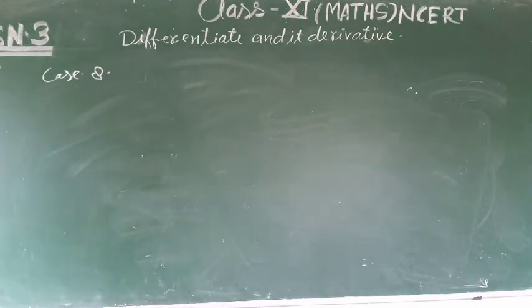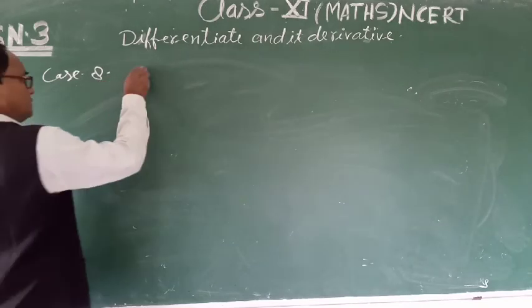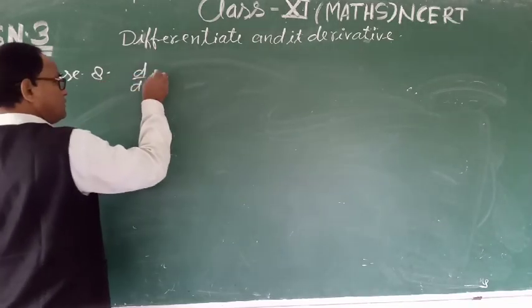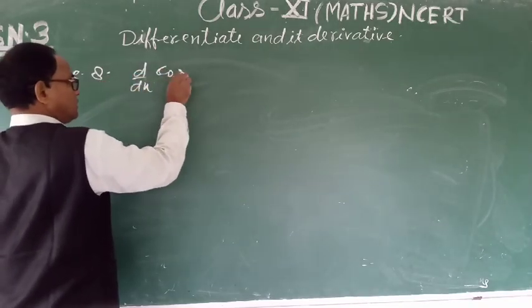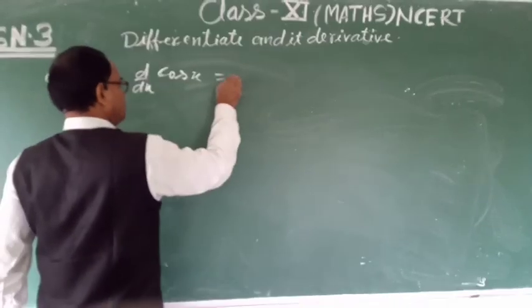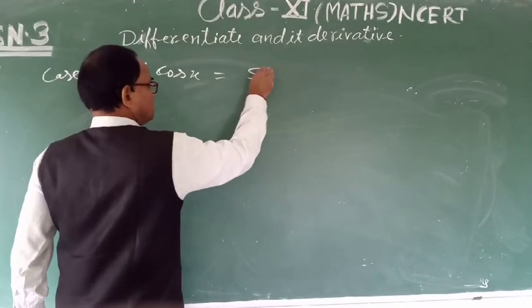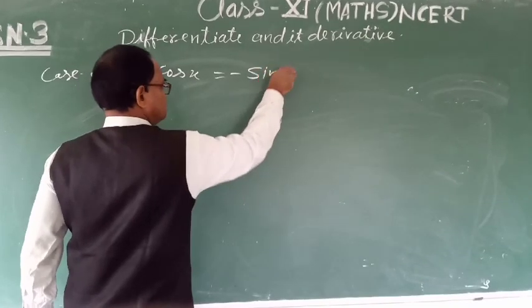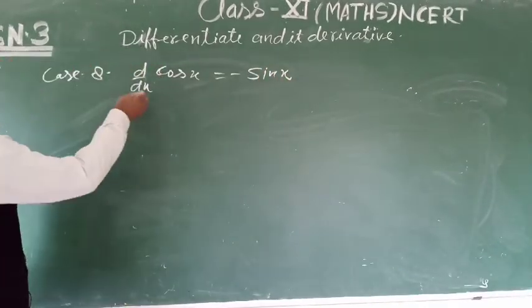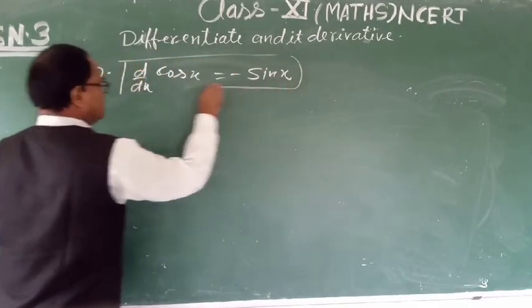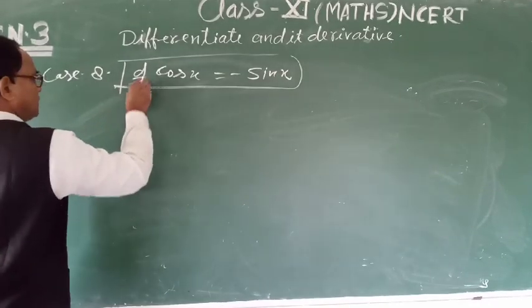Case 8, in this type, d upon dx cos x is equal to minus sin x.